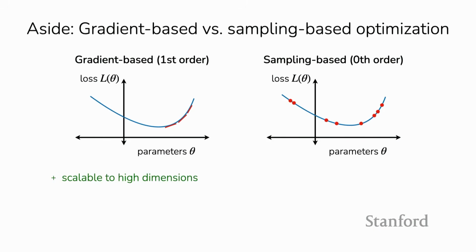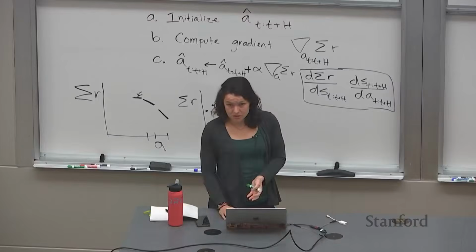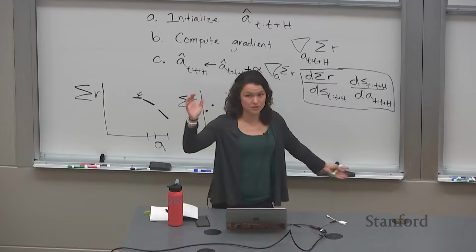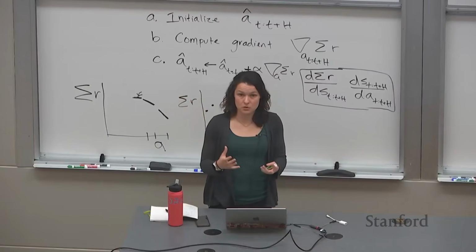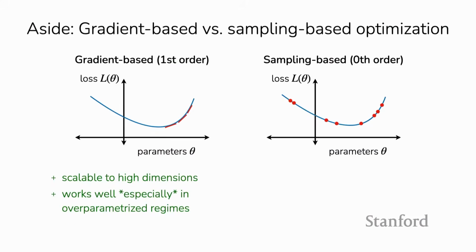going back to doing this with gradient descent versus with samples, there are pros and cons to gradient-based and sampling-based, and this helps elucidate why sampling-based can actually be a good choice for planning. So gradient descent is very scalable, even to very high dimensions, and it works well, especially in over-parameterized regimes, like when you have a big neural network that's representing a function that may actually have fewer free parameters.